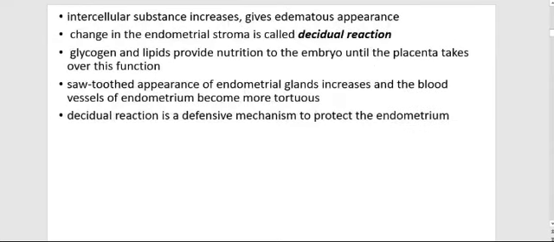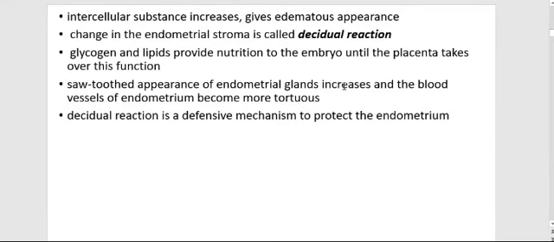As implantation is taking place, the endometrium is highly edematous, the endometrial glands are tortuous and their contents increase, and the blood vessels of the endometrium also increase in number.